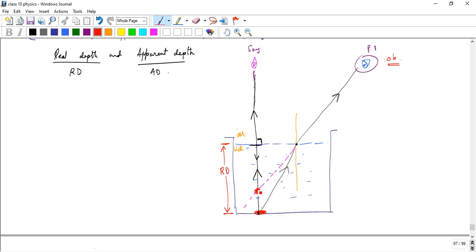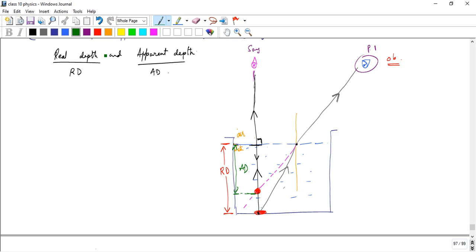That depth from the top of the surface to that point is called the apparent depth. That is not the actual real depth. That depth is called AD, apparent depth. Clear?